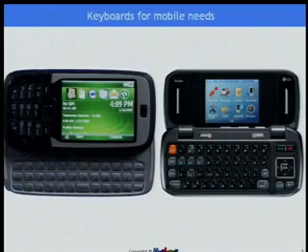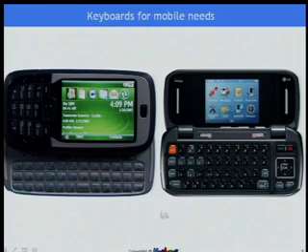Let me show other examples of keyboards. These are small keyboards applied to smartphones or mobile devices. You can say that this is a QWERTY keyboard and this is a QWERTY keyboard, but they are different. There are no number buttons here, there are number buttons here, and the symbol arrangements are different.